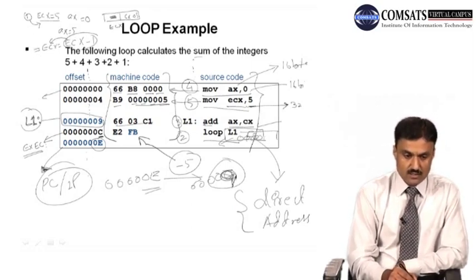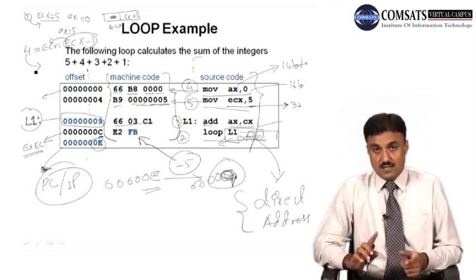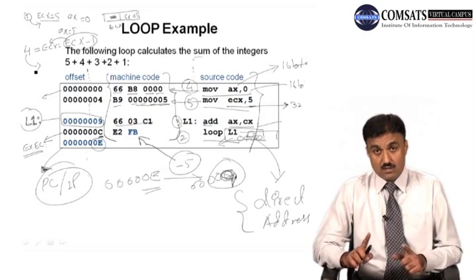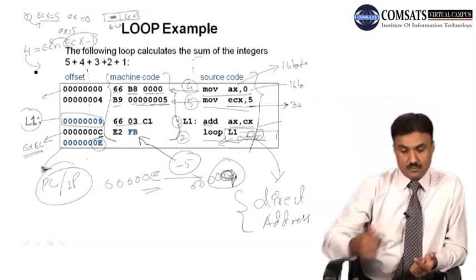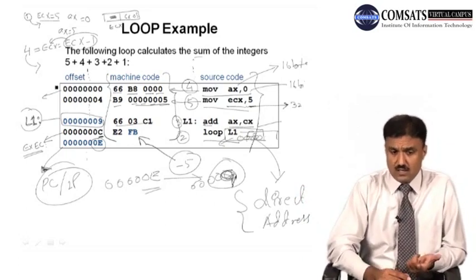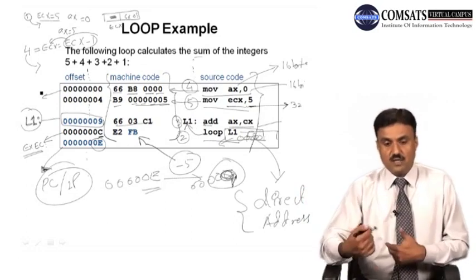So the new value for ECX will be 4. Now we have to check whether ECX is not equal to 0. If ECX is not equal to 0, then we will jump. Definitely ECX is not equal to 0, so we will jump here and again perform the execution.